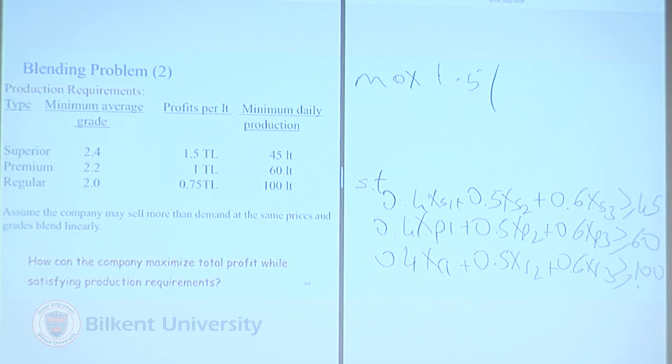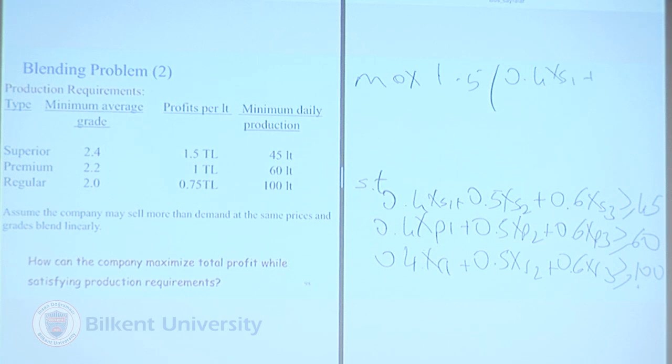Exactly. 1.5 is the profit I get from each liter of superior orange juice I'm selling. So what is the liters of superior orange juice I'm selling? It's this sum, 0.4 S1, 0.5 S2, and so on, because that's the superior orange juice I have in my hand.